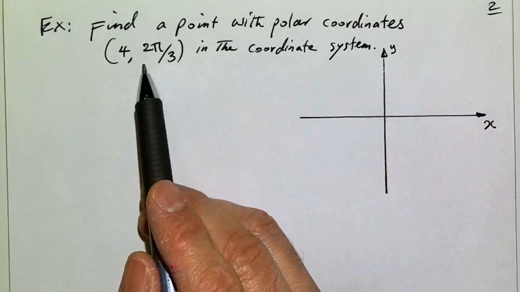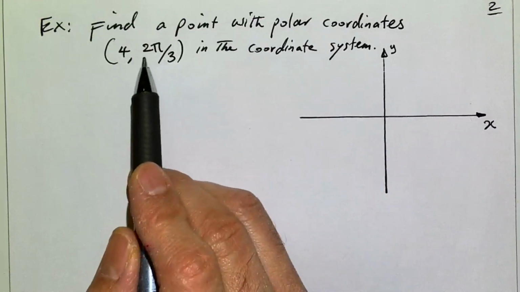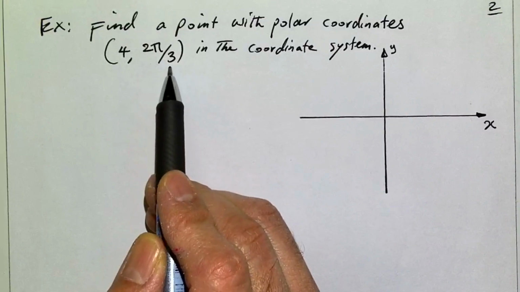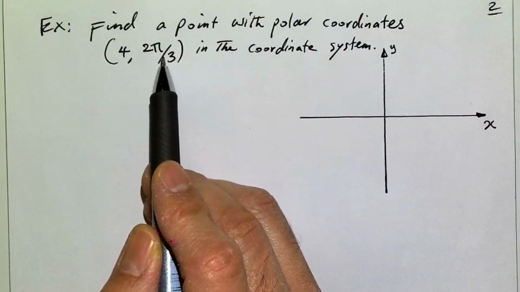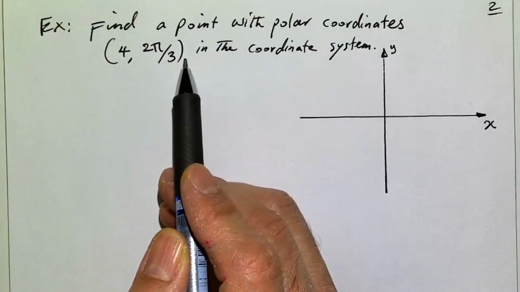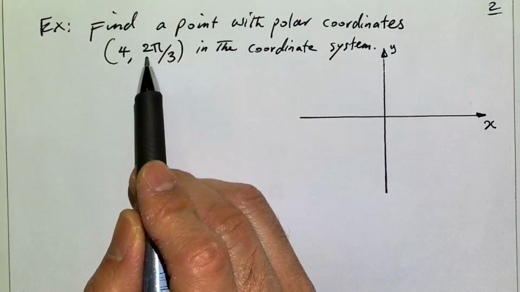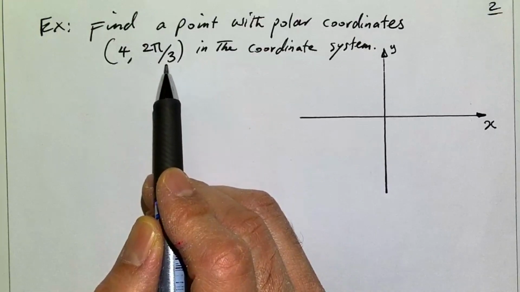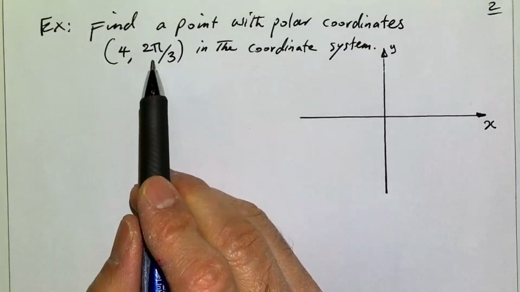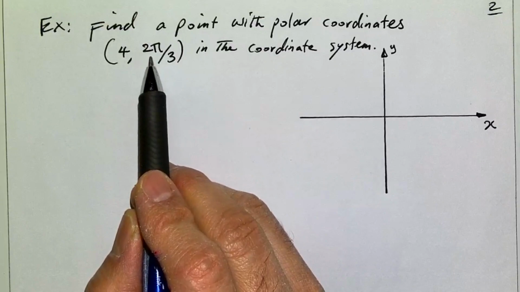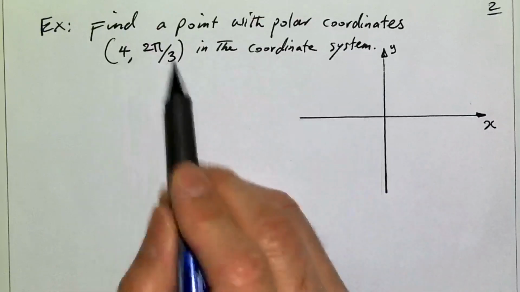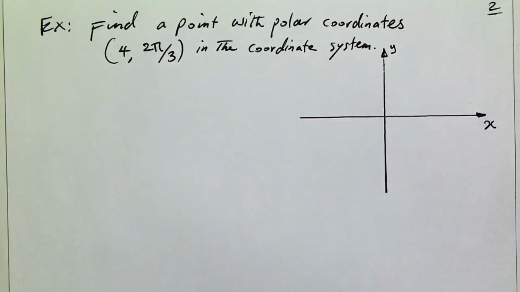Well, it would be in the second quadrant, because 3 pi over 3 would reduce to just pi, but we have 2 pi over 3, which is a little bit smaller than pi. So this point would have to be in the second quadrant.